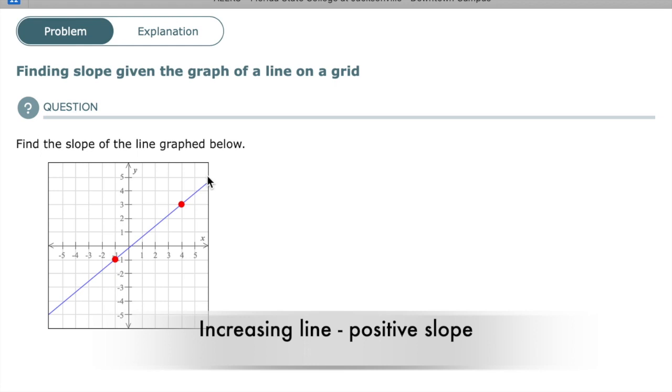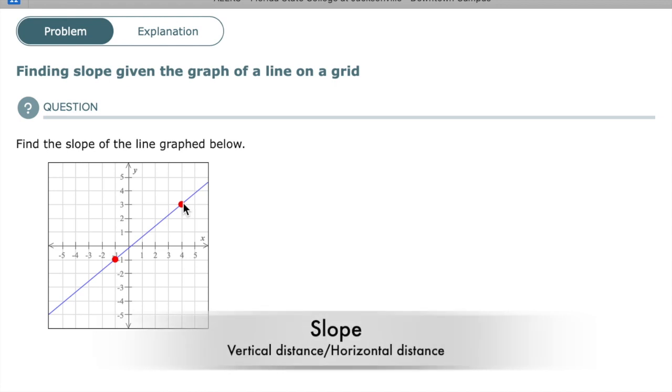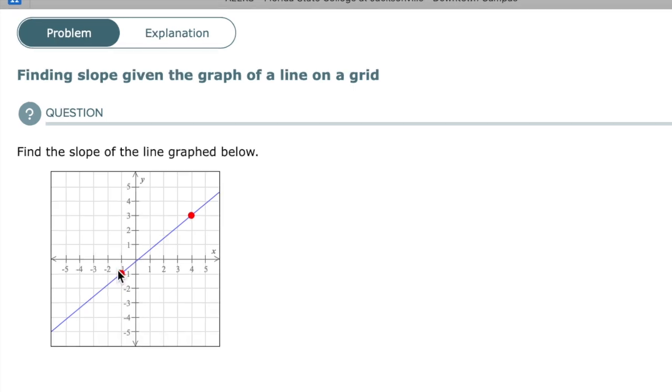Now the slope is nothing but the distance between any 2 points on the line, and these 2 points are given to you, so the distance between the 2 points vertically versus the distance between these 2 points horizontally. So how many units is in between this point and this point vertically? You just count the number of units. 1, 2, 3, 4. So the vertical distance between these 2 points is 4.